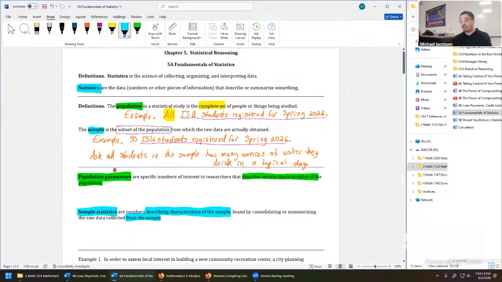So that's the dichotomy so far. A parameter describes a population, whereas a statistic describes just the sample, say of 50 ISU students. Well, we have a research question as suggested. We're asking all students in the sample, how many ounces of water do they drink in a typical day?